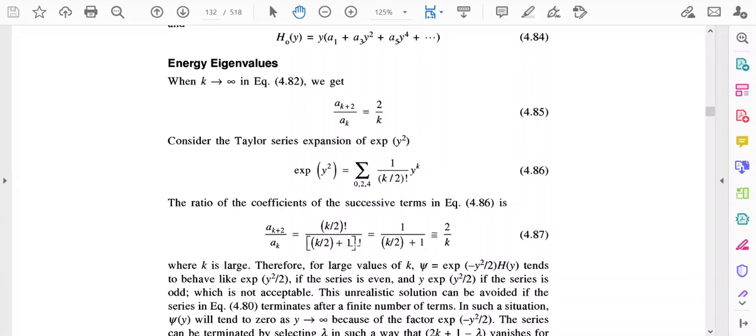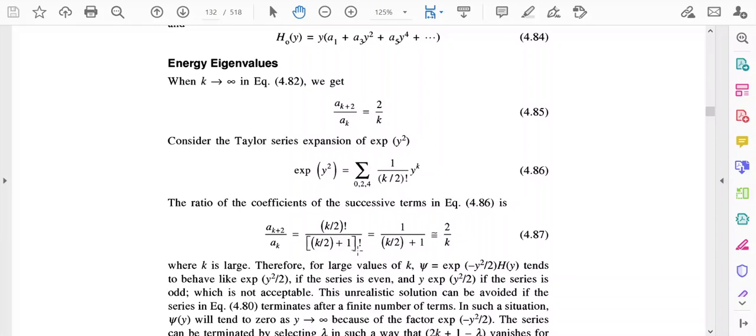Now, if we simplify this ratio, you just look at the denominator, k by 2 plus 1 factorial.